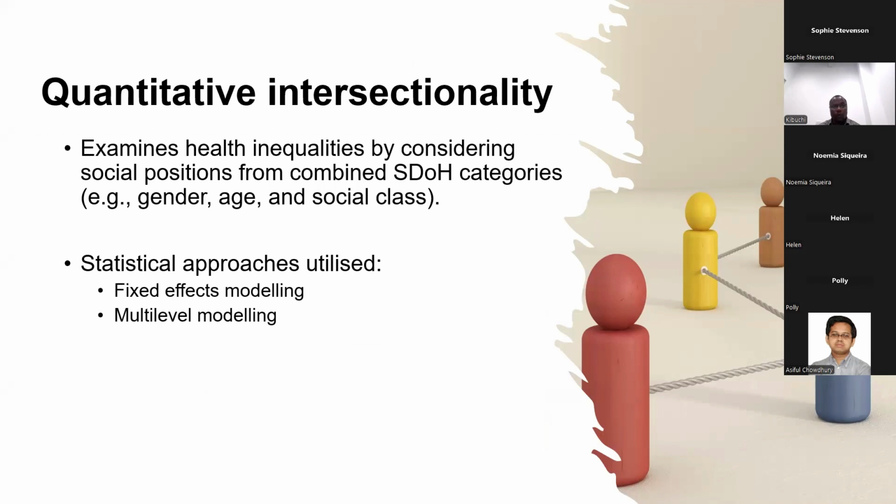So quantitative intersectionality, where now MAIHDA comes in, is we want to examine health inequalities by considering social position from combined social determinant categories. And as mentioned in the previous slide, for you to determine which categories to consider, it's always important to include the community which you are working on.